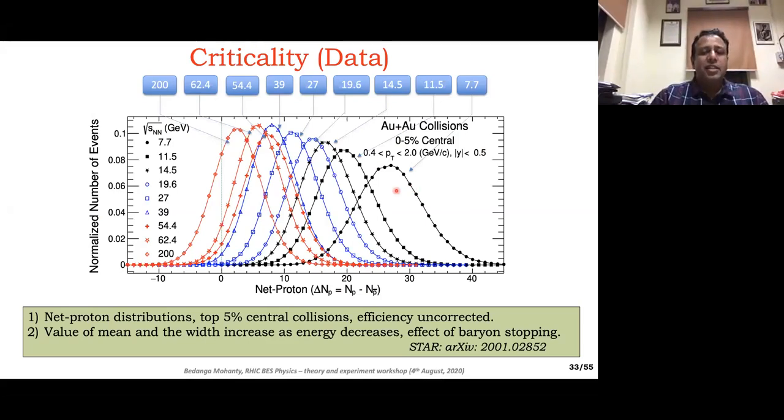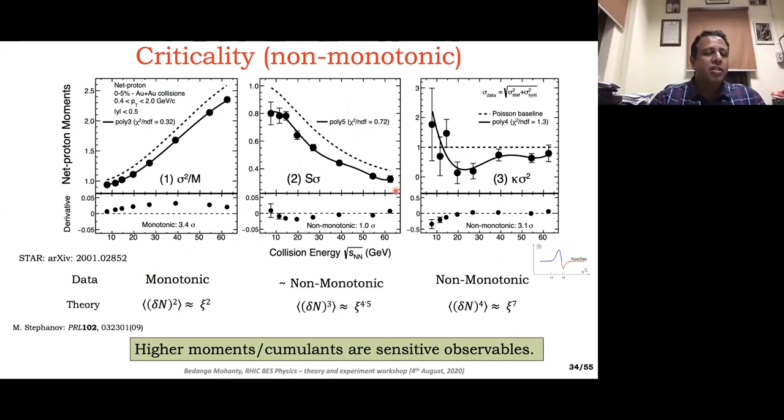From these distributions, after correcting for efficiency and acceptance, we obtain the moments or the cumulants. And then we look at the product of these moments. What is shown here in the first panel is sigma squared by mean of net protons.